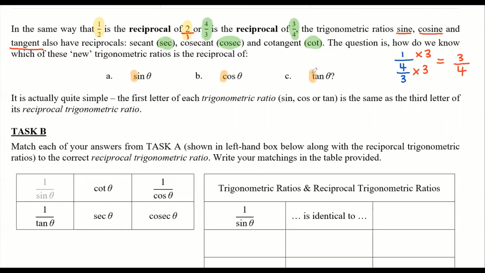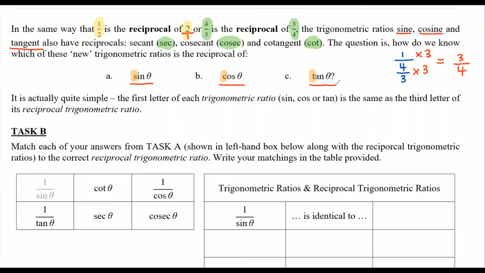To match them up to their reciprocal trig ratio, you simply look at the first letter of sine, cos, and tan, and in the reciprocal trig ratio, it's the same as the third letter. Okay? So what I mean is the reciprocal trig function for sine here would have S as its third letter. The reciprocal trig function for cosine would have C as its third letter. And the reciprocal function for tan would have T as its third letter.